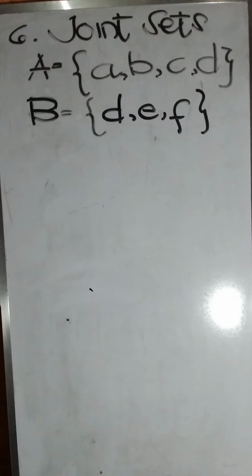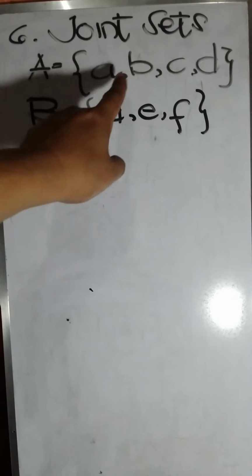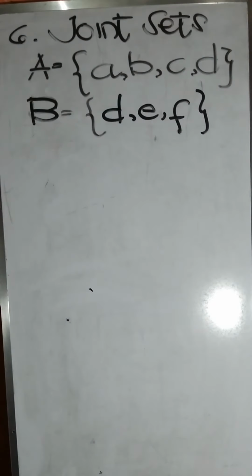Next set natin is tinatawag na joint sets. So, joint sets are two sets with common elements. Example natin dito is set A and set B. In set A, we have elements a, b, c, and d. In set B, we have the elements d, e, and f.